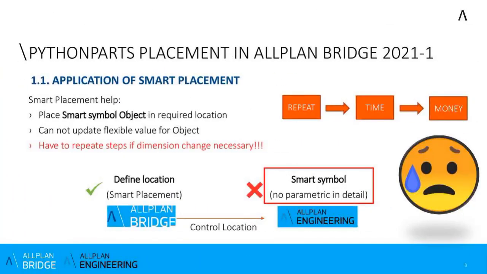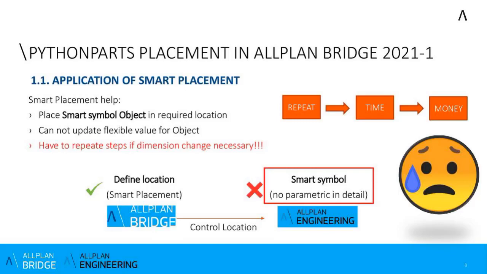But we have some small issues with this. Smart placement can help us place the item in the right location, but it uses a smart symbol object.